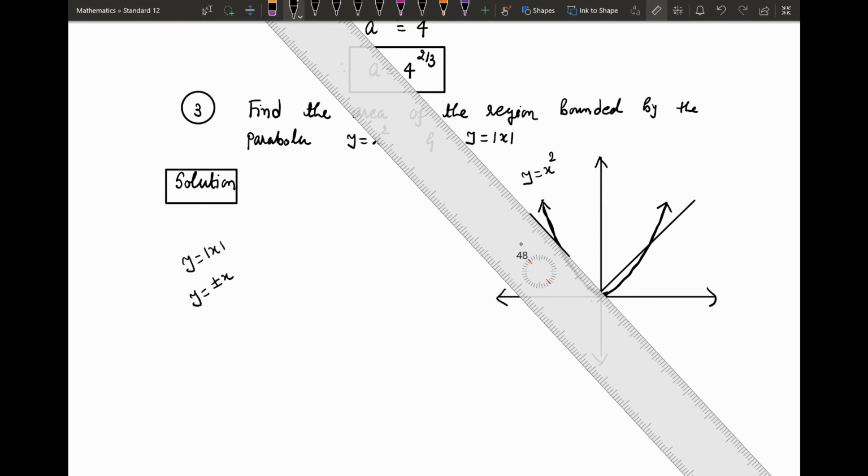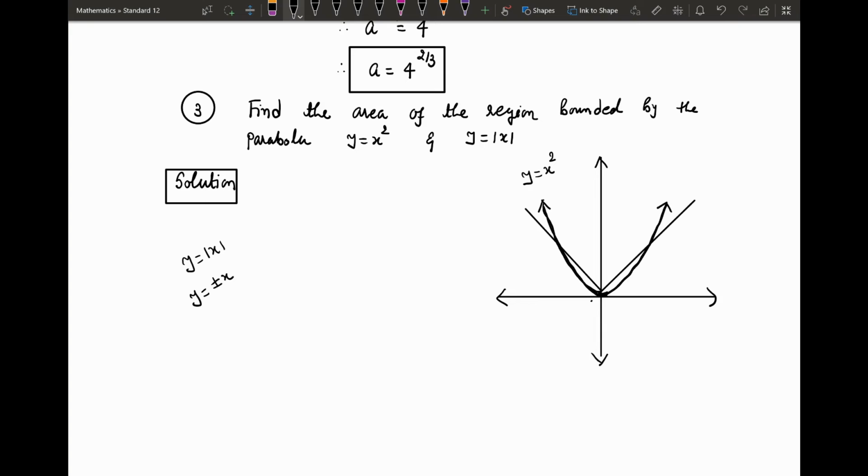So the error is some mistake in the shape of the parabola. So here y equal to x, this is y equal to minus x.